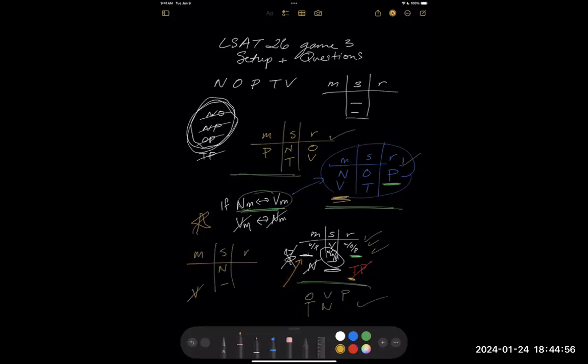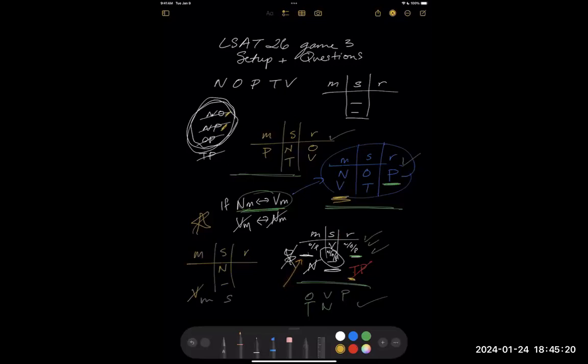And we know that N can't be with either O or P, right? So it's either going to be with V or with T. So now that we have only 2 options, it's not a bad idea to show both of those options.